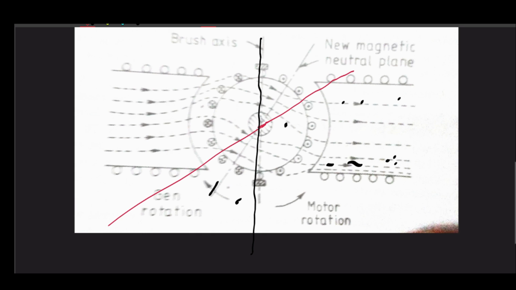Then for other intermediate currents, your magnetic neutral plane will be anywhere in this region. It will vary in this region.